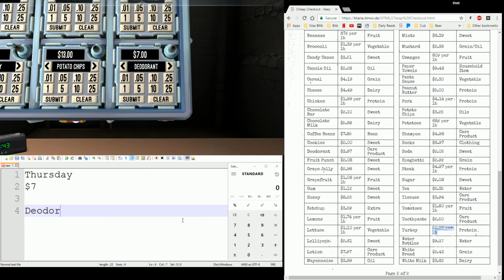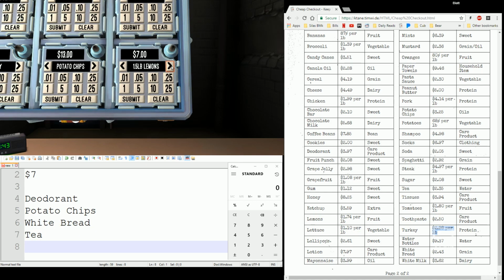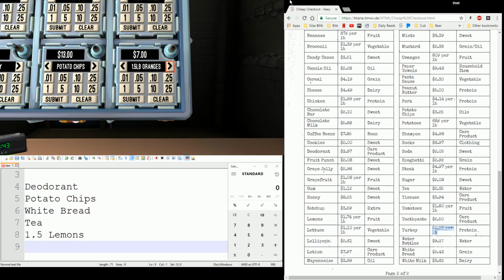Items are deodorant, potato chips, white bread, tea, 1.5 pounds of lemons, 1.5 pounds of oranges. So we'll look them all up.